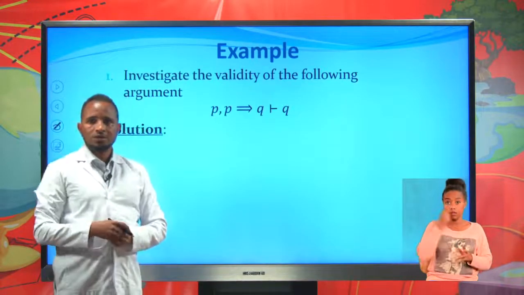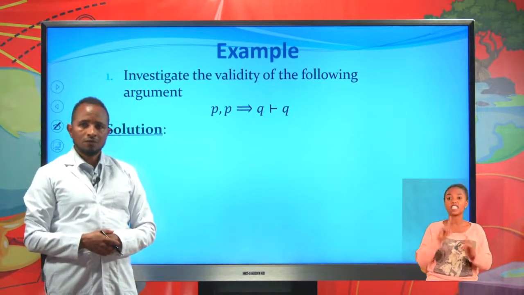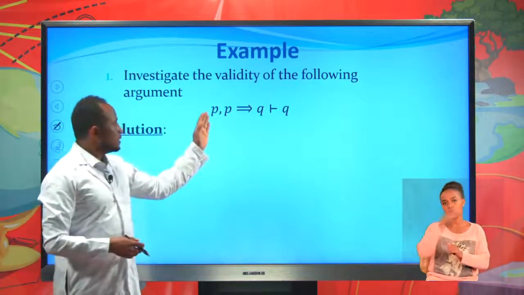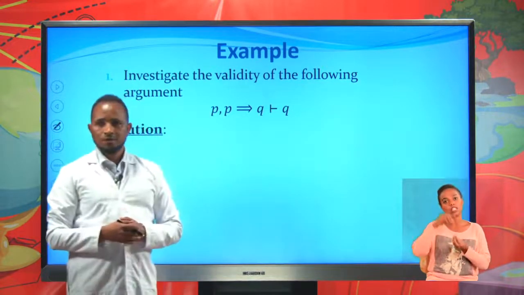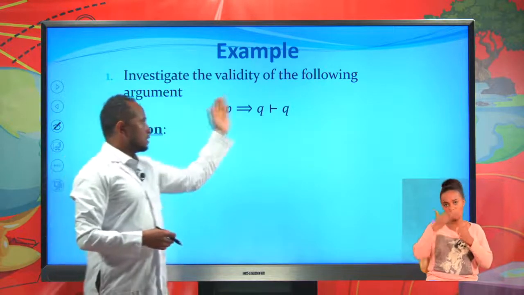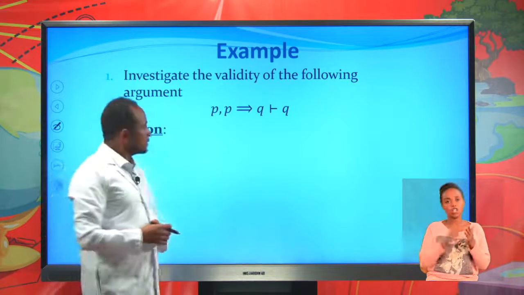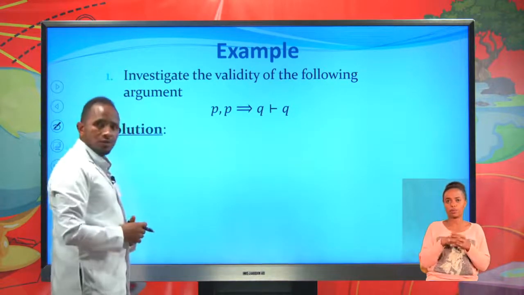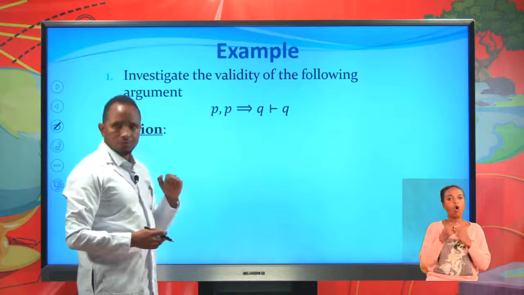Look at this one. It says investigate the validity of the following argument: P, P implies Q, and the conclusion is Q. To check whether this argument is valid or not, you assume all the premises are true.